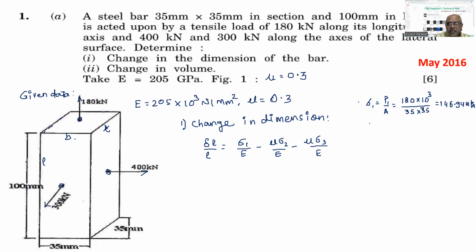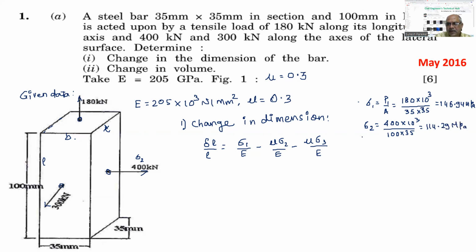Now sigma 2. You can consider any one. So we will say this will develop sigma 2. It will act on 35 and 100. So we have 400 × 10^3 divided by 100 into 35, and we get the value 114.29 MPa.